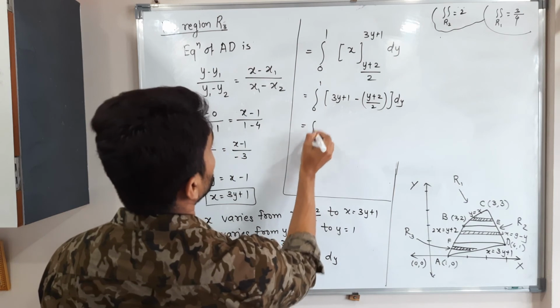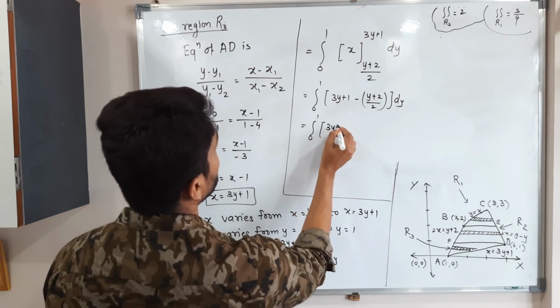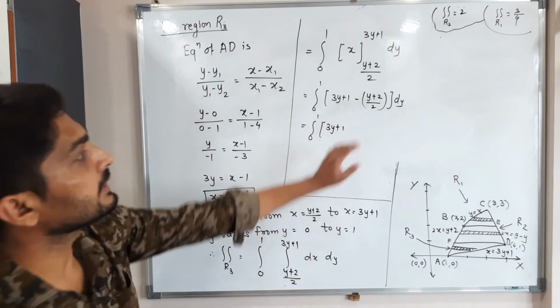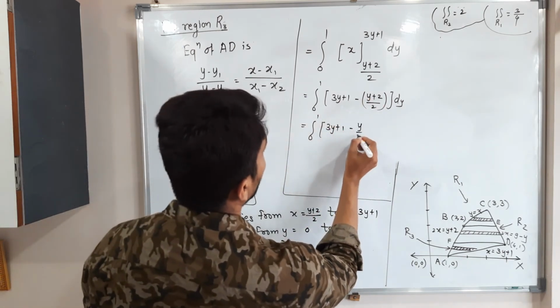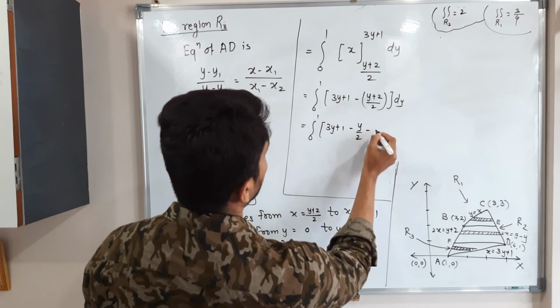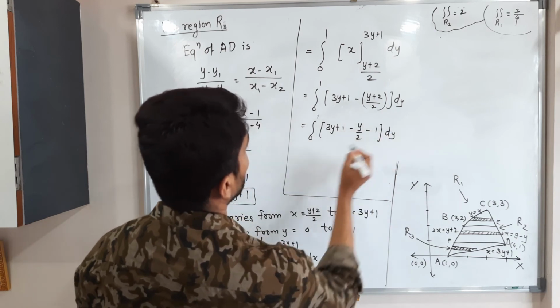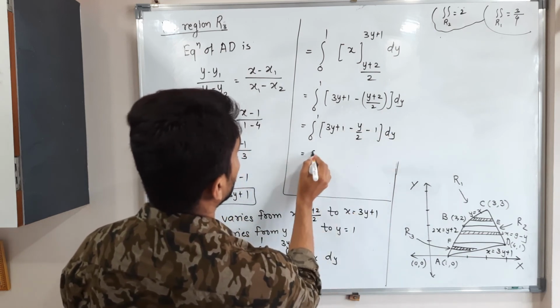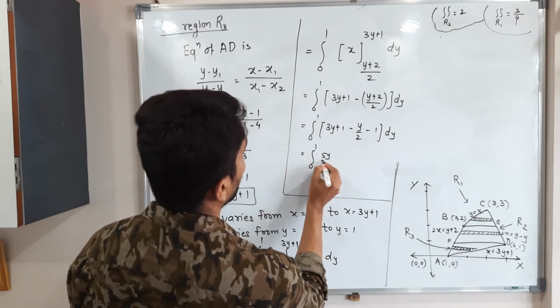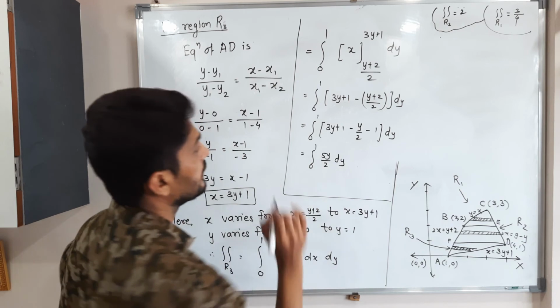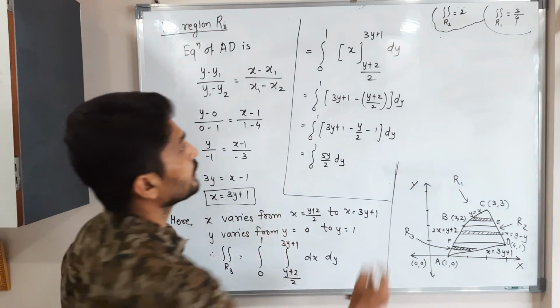Integration from 0 to 1, 3y plus 1. I will divide separately, and because of the minus sign, it changes, so minus y by 2 and minus 2 by 2, which is minus 1, dy. So 1 minus 1 will get cancelled. From 0 to 1, 3y minus y by 2 means we have 5y by 2 dy. 5 by 2 is constant.